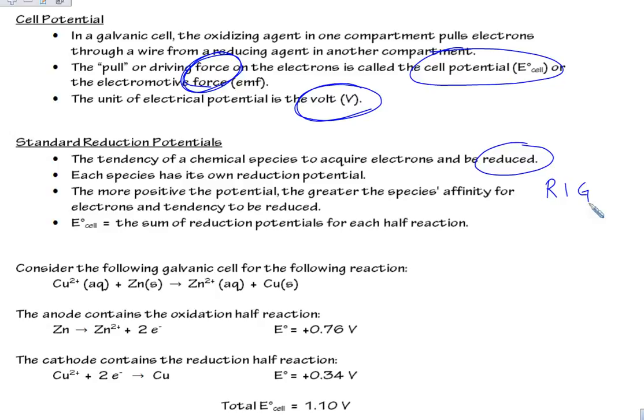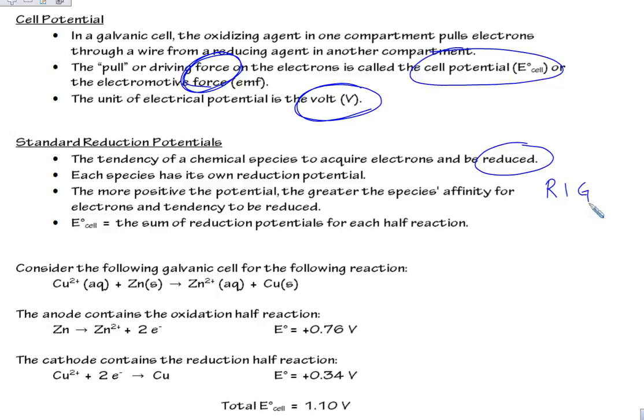The more positive the reduction potential, the greater the tendency of this species to gain electrons and be reduced. When we say that the species has a greater affinity for electrons, it means a greater attraction for electrons. And if it's a greater attraction for electrons, it's more likely that this substance is reduced.